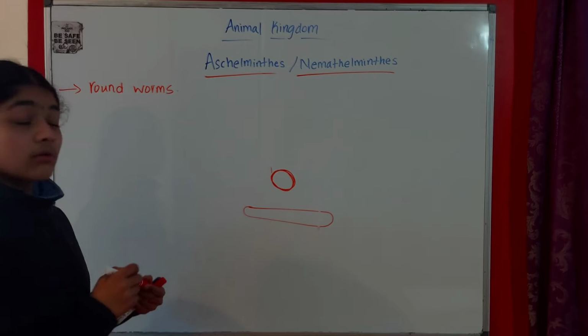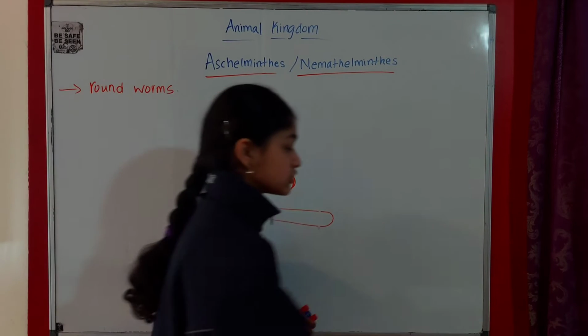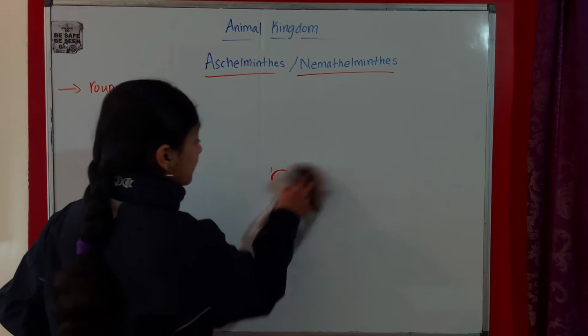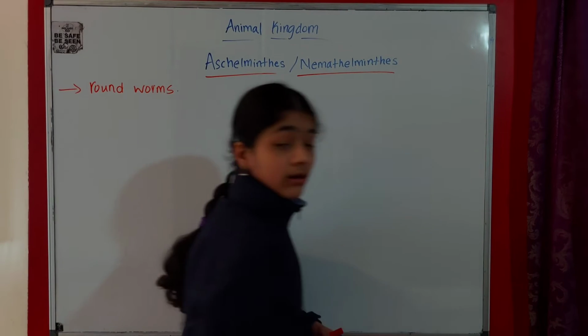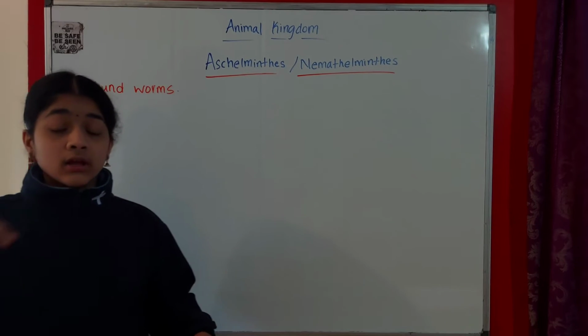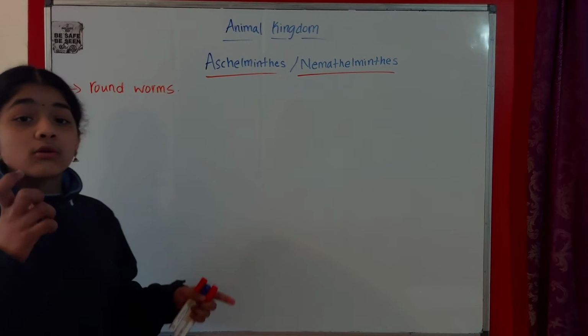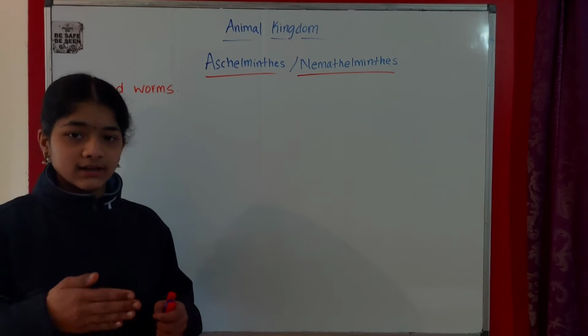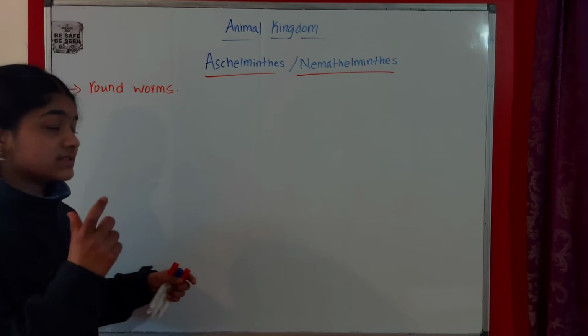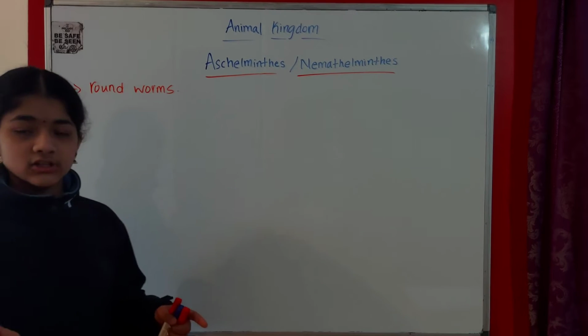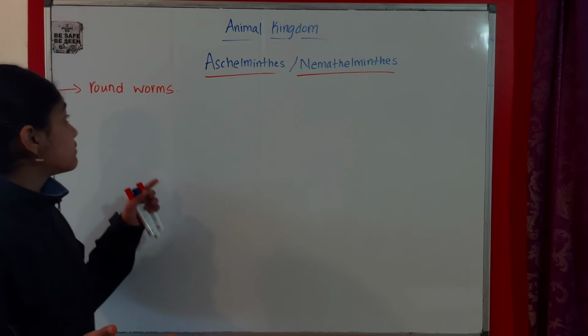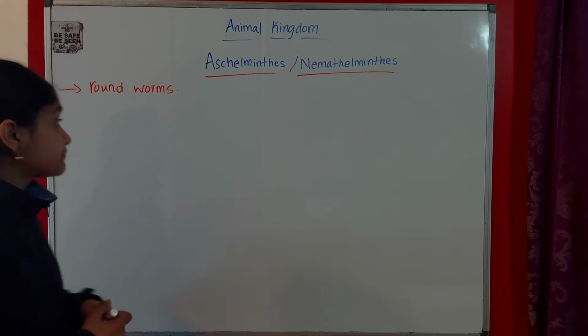That's why they're called roundworms. If anyone asks you why they are called roundworms, we should not say that their body shape is round. We have to specify that the cross section of the body, when we cut it, is circular or round in shape. That is why they are called roundworms.